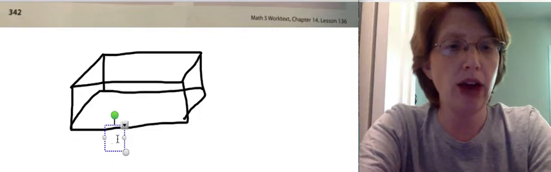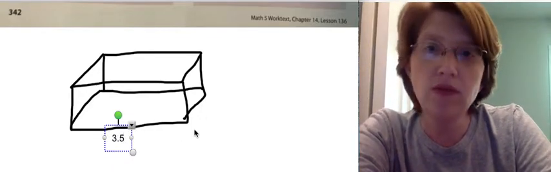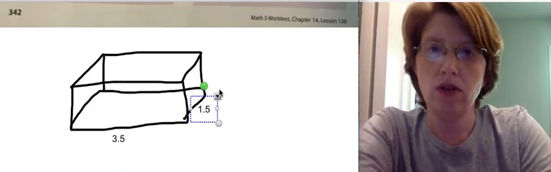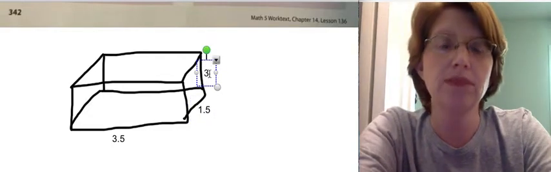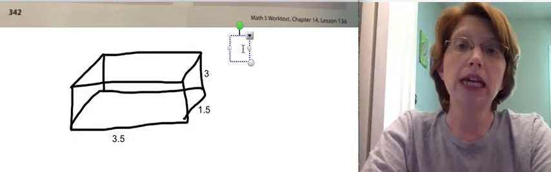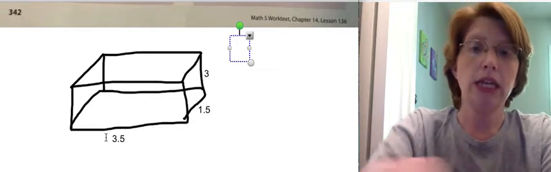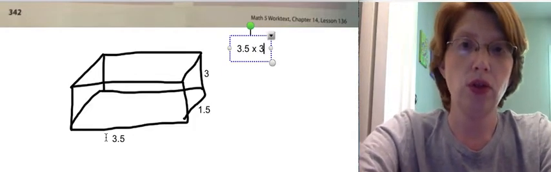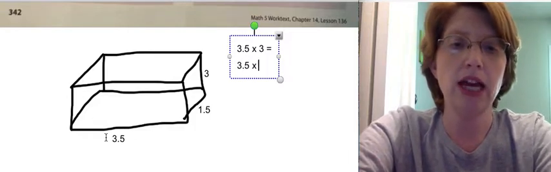Well, it was 3.5, right? 3.5 feet long, 1.5 feet, that would be here, 1.5. And then high is 3 feet. Okay, so we need to do every section. So for this one here, we would need 3.5 times 3, and we need that twice. 3.5 times 3.